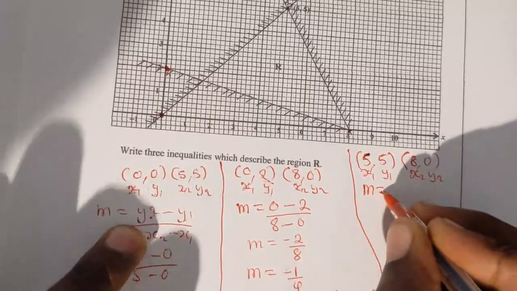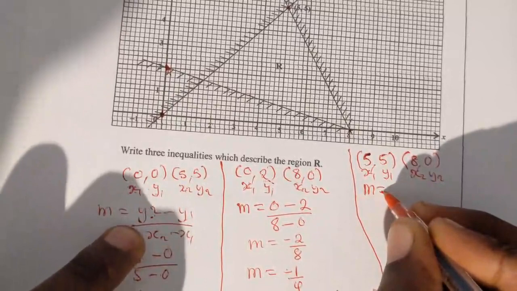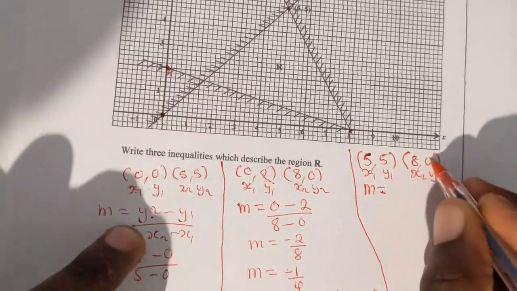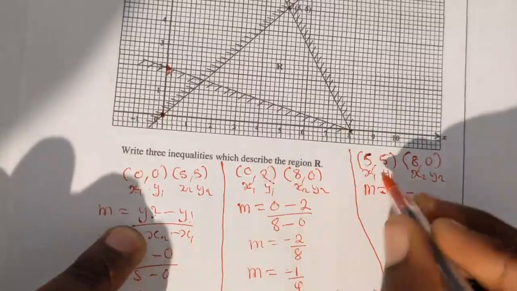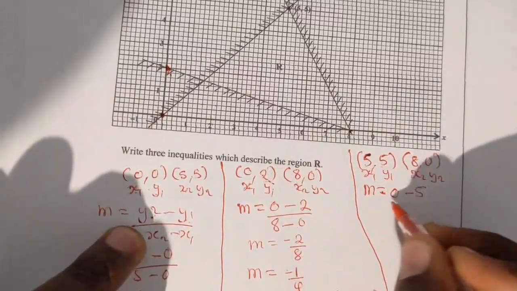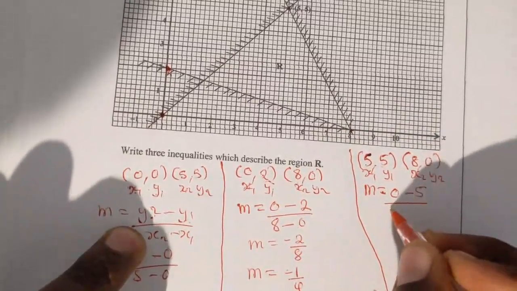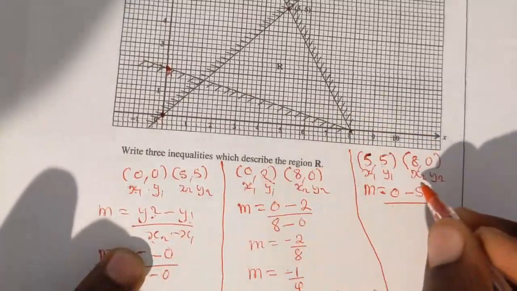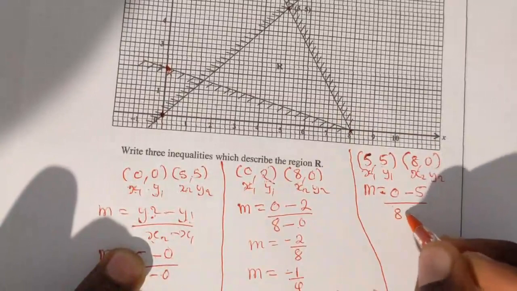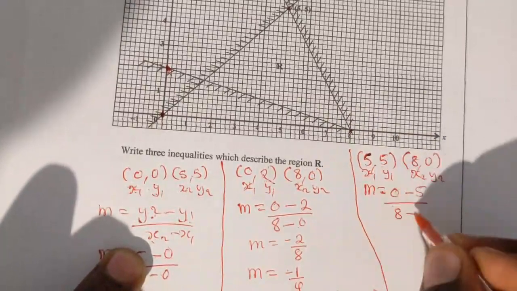So y2 here is 0, minus y1 which is 5, so 0 minus 5 over x2, which here is 8, minus x1 which is 5.